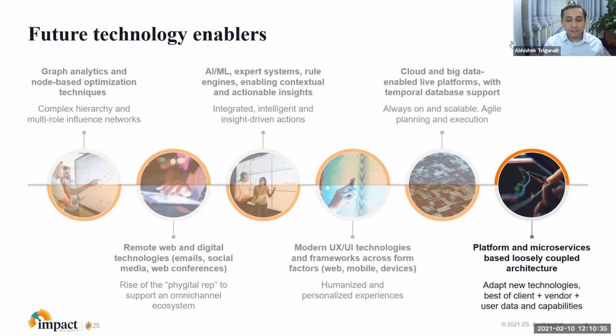Now, using concepts like a common foundation, microservices, API-based interconnections, data assets, pluggable modules, the next generation sales performance platform has to be capable of evolving and adopting the technology innovations as they come along. Now, these were some of the technology enablers that we wanted to highlight.